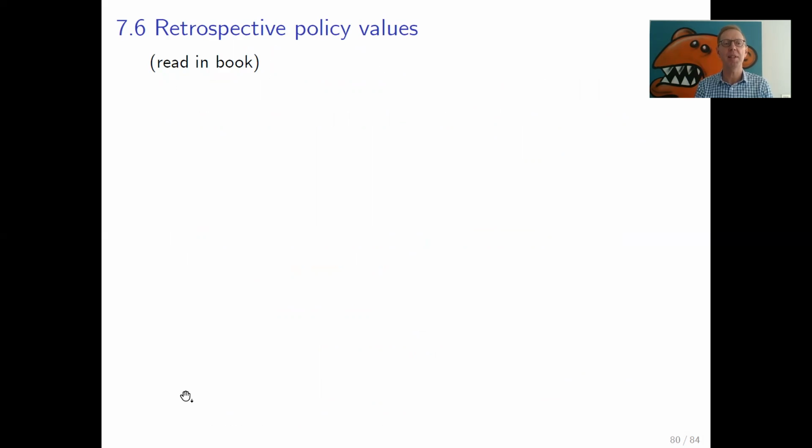Section 7.6 is about retrospective policy values. So far, we always looked at prospective policy value. We defined the policy value as what is needed in the future minus what will be paid, or what are the benefits paid in the future minus what are the premiums paid.